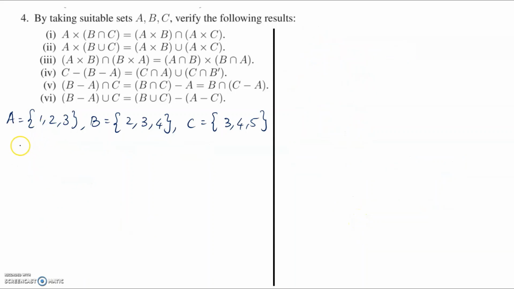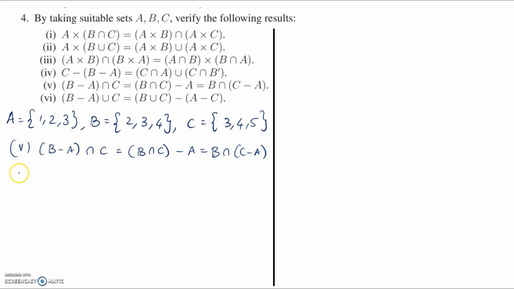Question number 5. So we have to prove that B minus A intersection with C is equal to B intersection C minus A, and that is equal to B intersection with C minus A. So let's take each term.